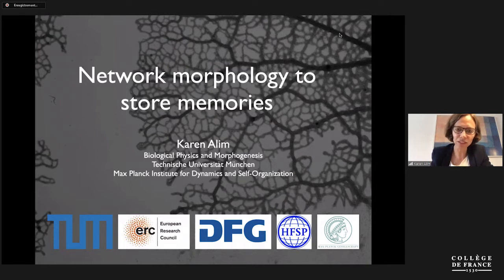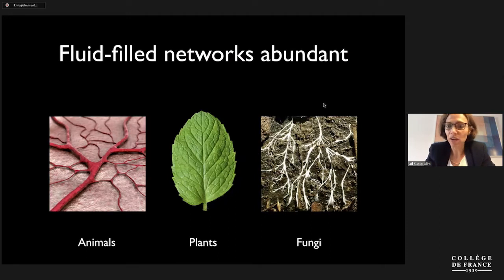And so the system I'm looking at is fluid-filled networks. That can be the vascular network pervading your body, the venation network of leaves, or, in a very pure form, the entire body plan of fungi and slime molds. Now, for the functioning of organisms, the proper morphology of these networks is crucial.